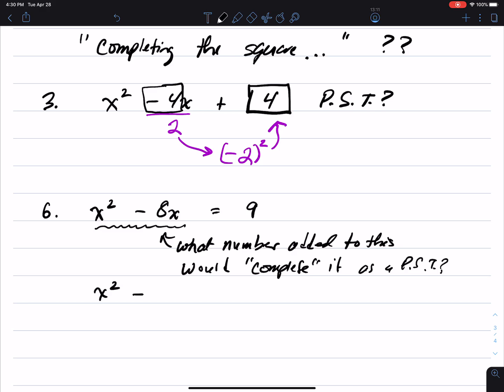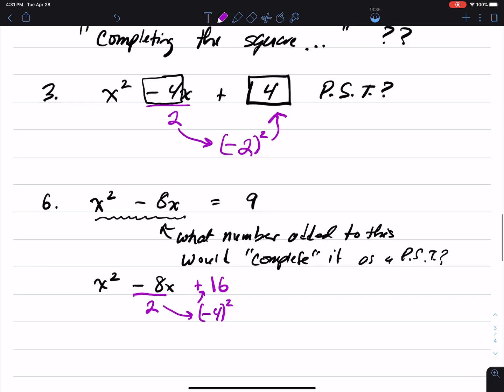We have x squared minus 8x. We're going to take half of that coefficient. That's going to give us negative 4, all right? And then what are we going to do with that negative 4? We're going to square it, and that's going to give us our mystery value of plus 16. So that completes the square.